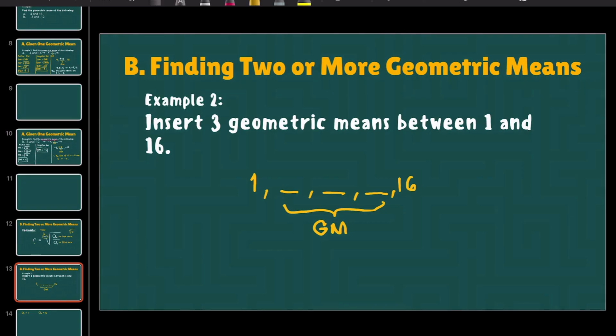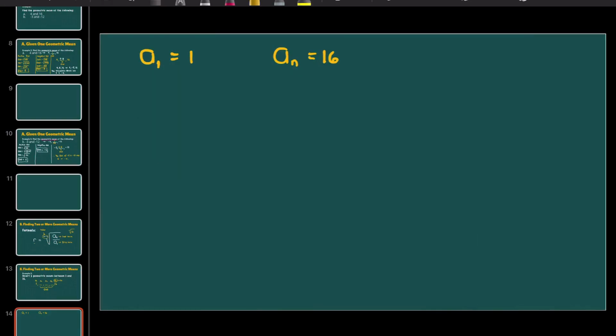So, we have A sub 1, A sub 2, A sub 3, A sub 4, and A sub 5. So, yung A sub 5 natin, it can be A sub n yan. Kasi siya naman yung last term natin. And, ang number of terms natin in this sequence is 5. Okay? So, magiging n natin dyan ay 5.